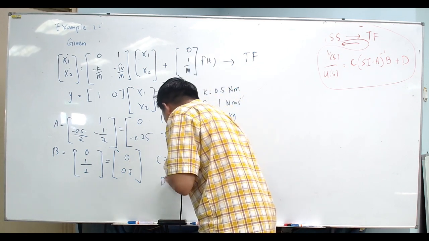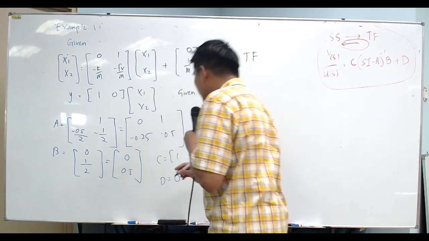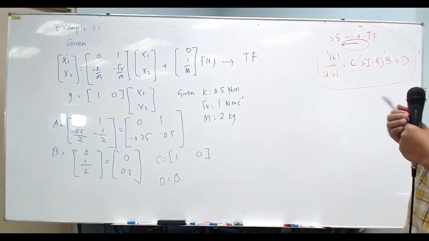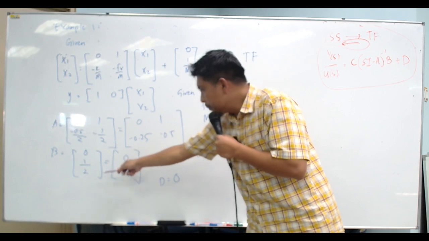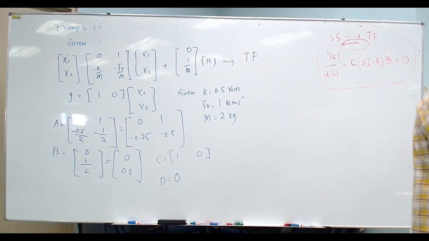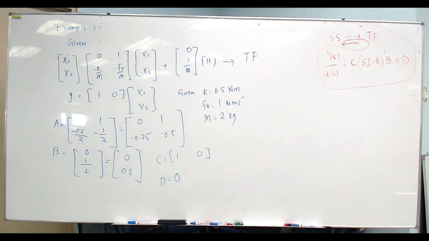Your D matrix equal to 0, because there is no D here. So now you have your A matrix, B matrix, and C matrix, with D matrix equal to 0. Okay, I give you some time to copy the information there.